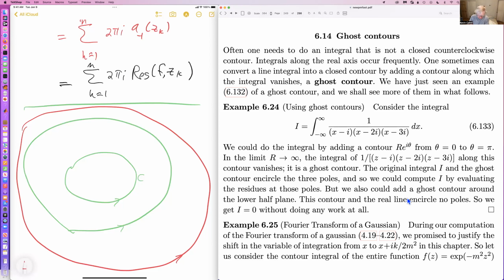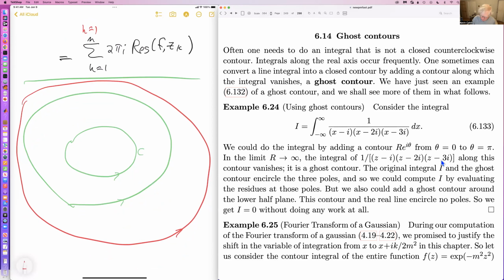Well, I was about to say something that's actually false. Let me just say that what one can arrange is that, for example, this contour is integrating this function.